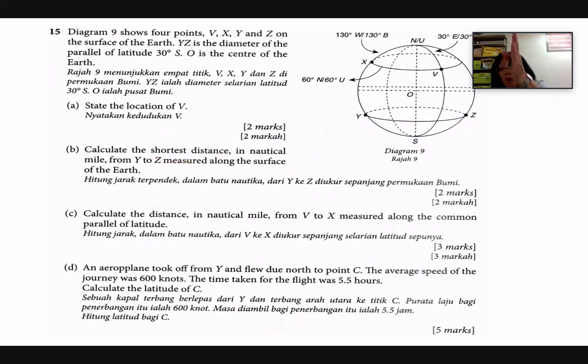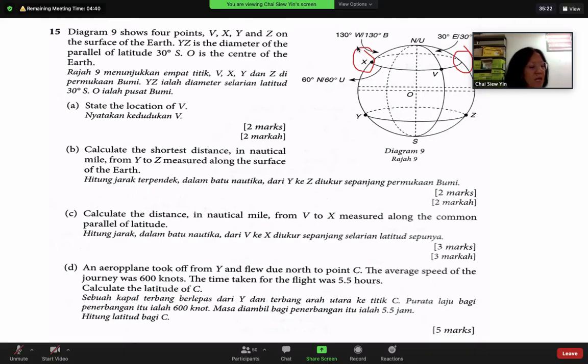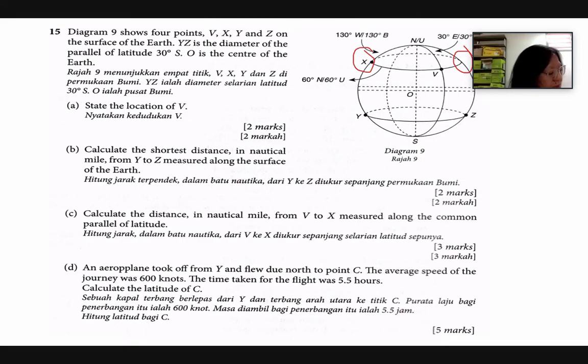Either go below, or if the points are in the north like X and another point here, then the shortest distance will be via the North Pole. Shortest distance goes via either the North Pole or the South Pole. That's why I said the important keyword is that they lie on the same longitude, the same big circle.